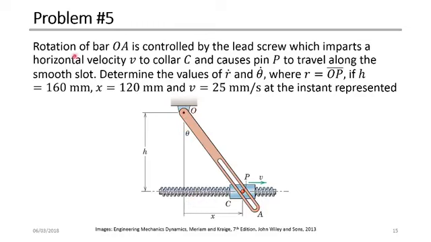The rotation of the bar OA is controlled by the lead screw, which imparts a horizontal velocity V to the collar C. When we rotate the screw, the collar is just a nut, so it moves forward and backward, applying a velocity V in the horizontal direction to the pin.